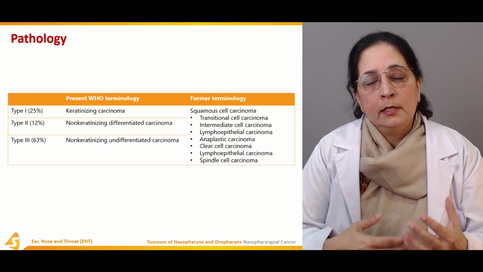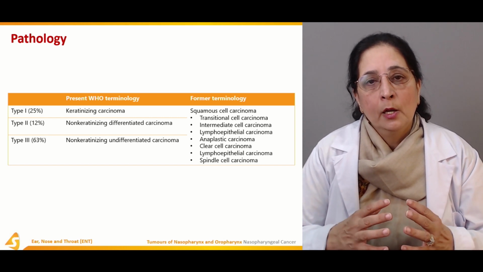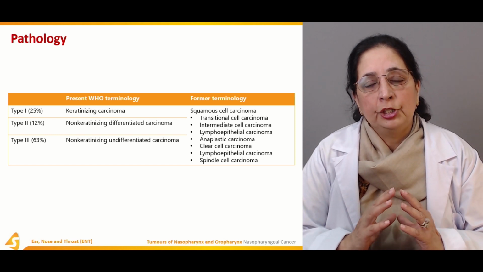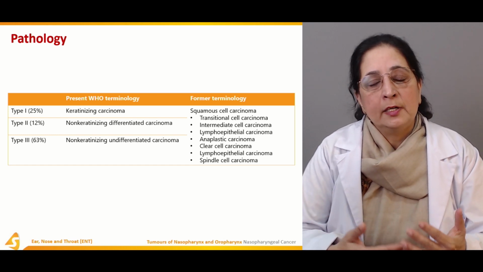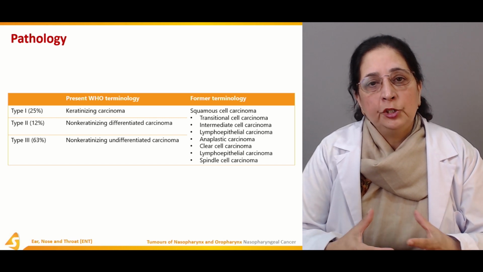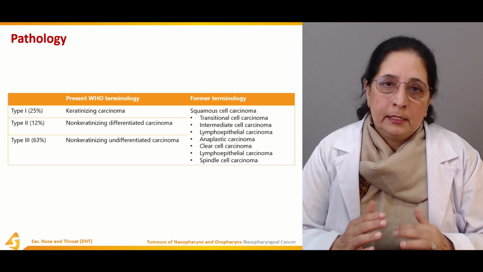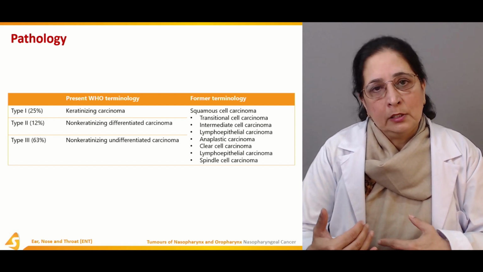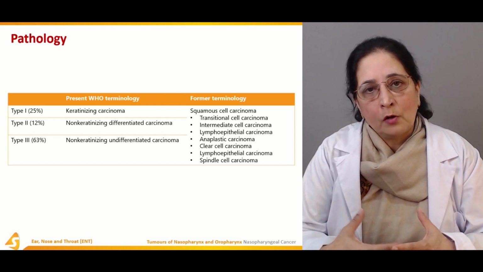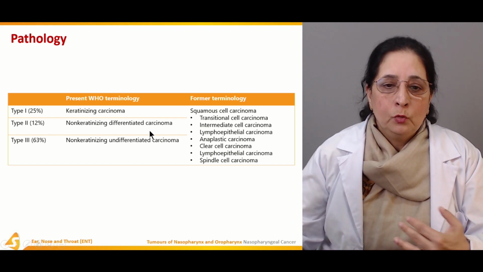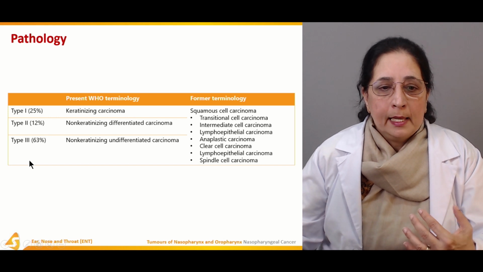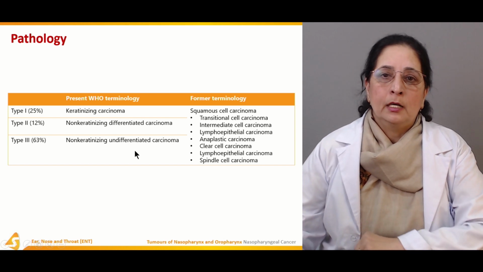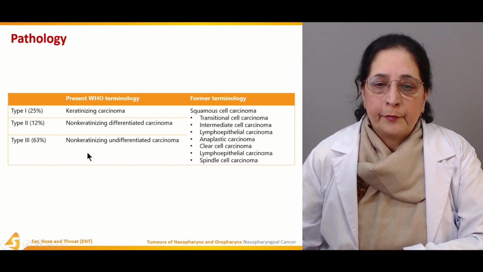They depend on the pathological changes which are seen under the microscope by examination, and what changes can occur in different cells or in the tissues. Type 2 has more differentiated cells, so the prognosis is better in type 2, very good in type 1, and then it's poor in type 3 because now the undifferentiated carcinoma cells are present.